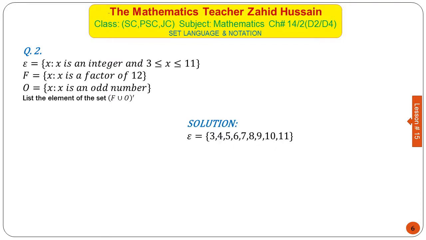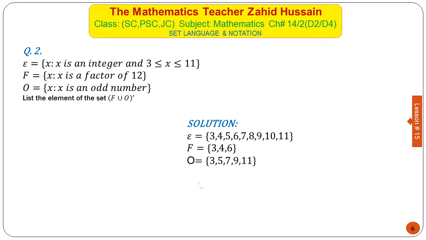Universal set in listing form is 3, 4, 5, 6, 7, 8, 9, 10, 11, and set F in listing form is 3, 4, 6, because the factors of 12 in this universal set are only 3, 4 and 6, and O in listing form is 3, 5, 7, 9, 11, because O is the set of odd numbers and these odd numbers must be in the universal set.